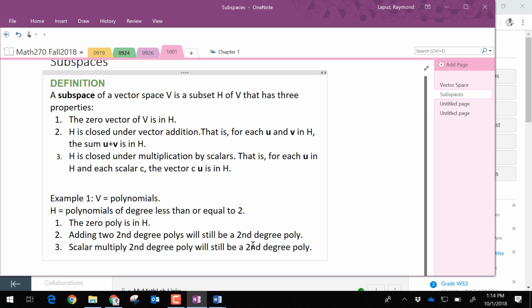So we're not going to go above the power of 2 by doing either of these two operations. So this is a subspace. Second degree polynomials are a subspace of the whole big family of polynomials. Okay?